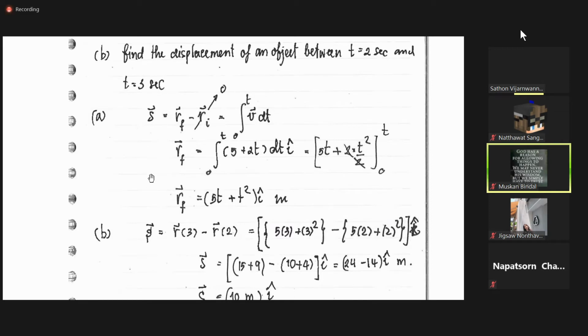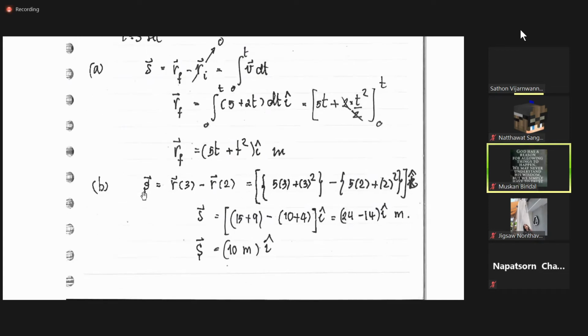Now, question B asks, find the displacement of the object between t equal to 2 seconds and t equal to 3 seconds. In order to work this out, we must find the position of the object at t equal to 2 and the position at t equal to 3.